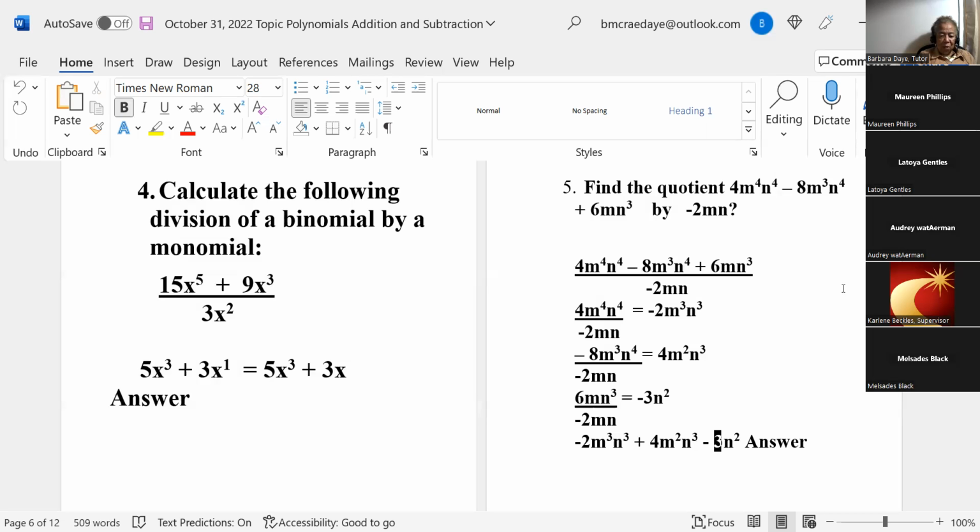And the highest power is 6, because you add both of these. 3 plus 3 is 6, 3 plus 2 is 5. The 6 comes before 5. Because remember, your powers are determined by the powers on your variables, but you could have more than one variable, so you have to add up all those powers.